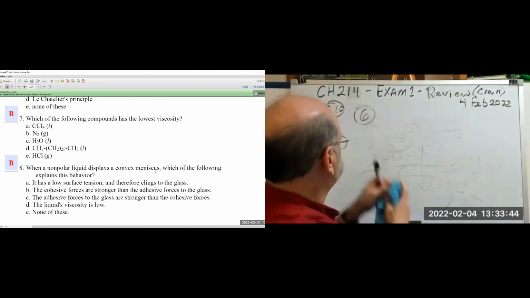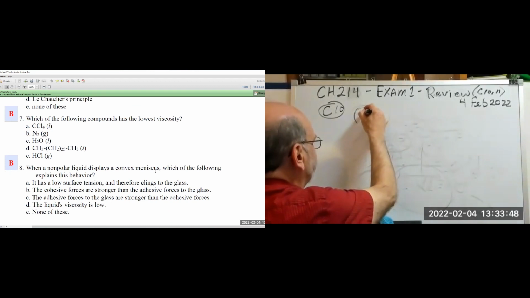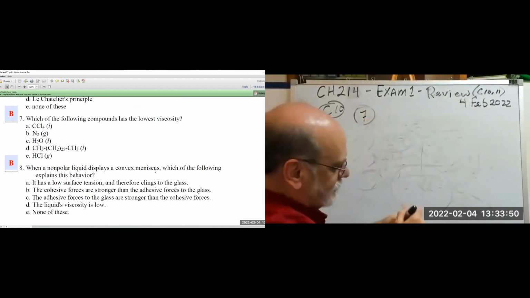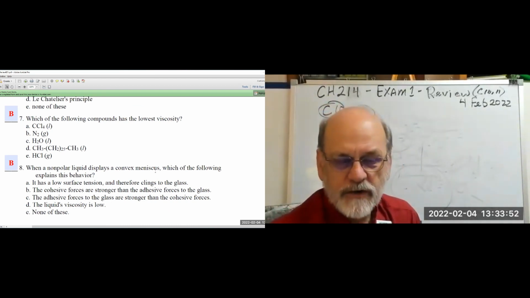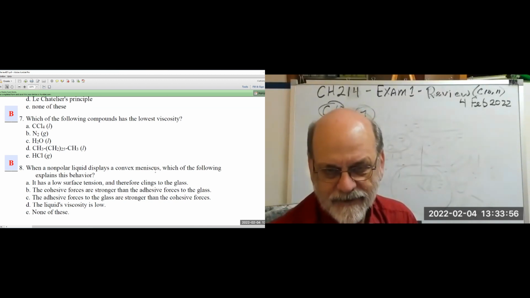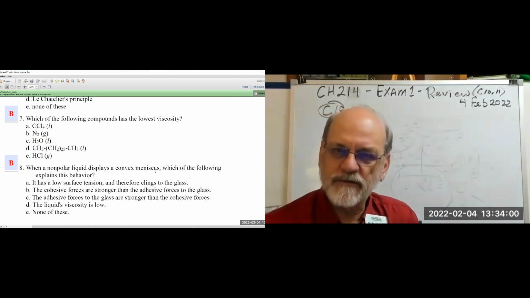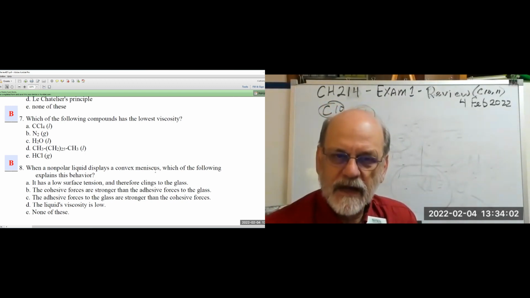Yes, 7. Which of the following compounds has the lowest viscosity? Okay, lowest viscosity. Remember what viscosity is?